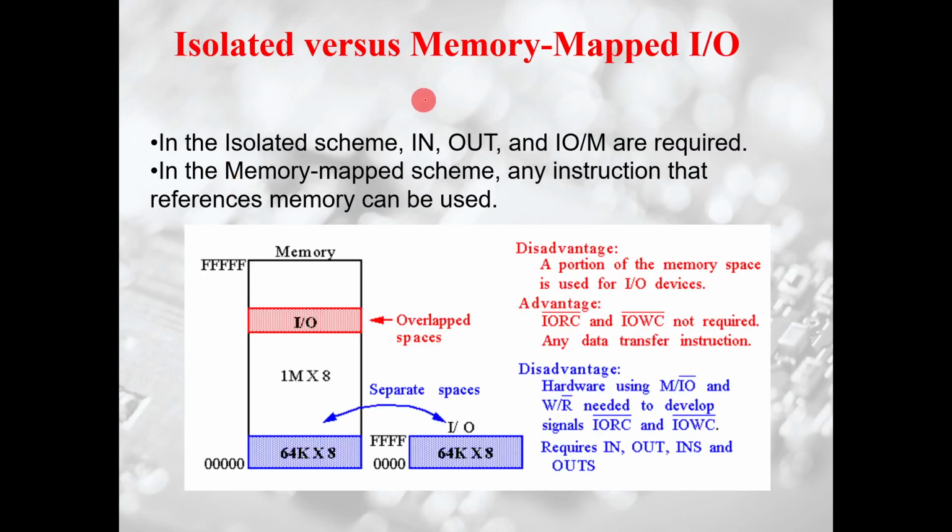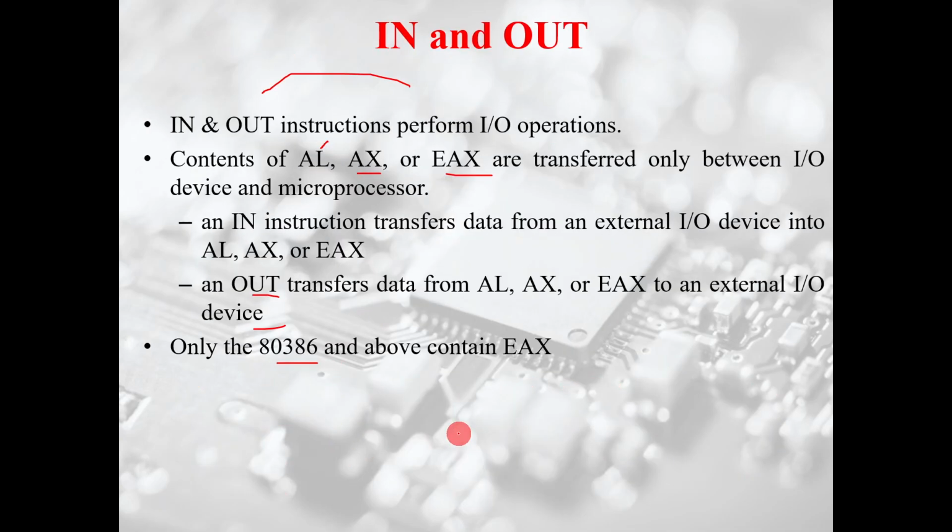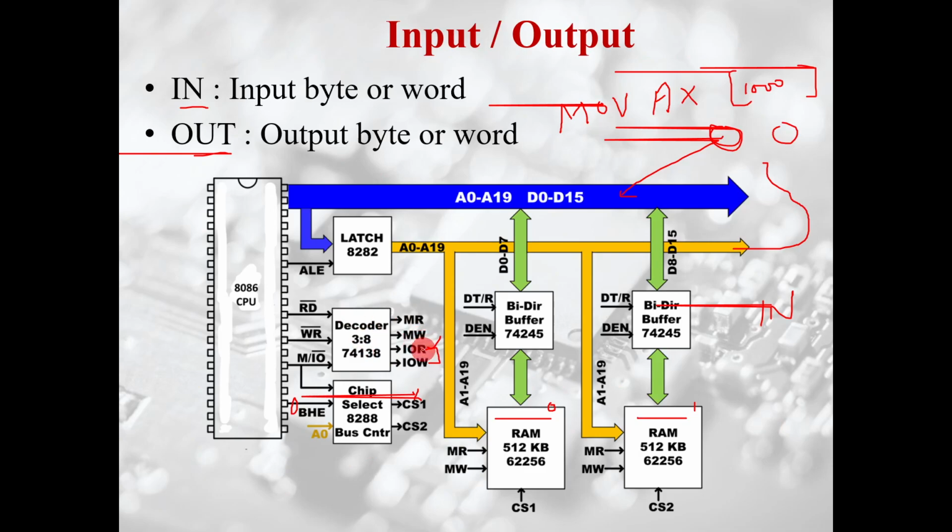This is what we have learned till now. And this is the memory, and in parallel you could have ports connected. For this, you will obviously require additional hardware, which will be required to generate the input output signals.